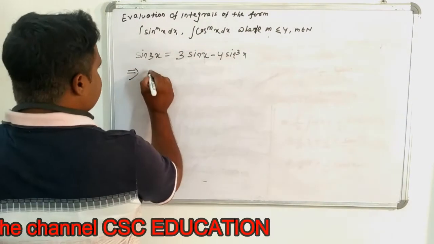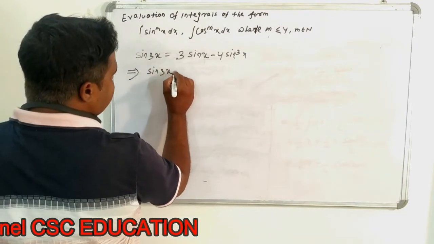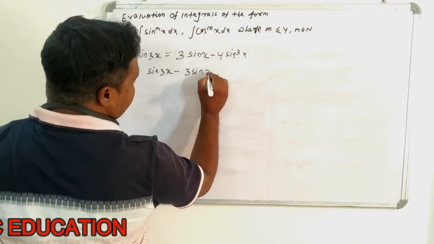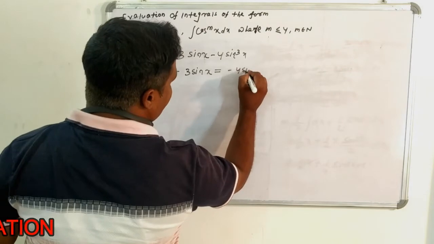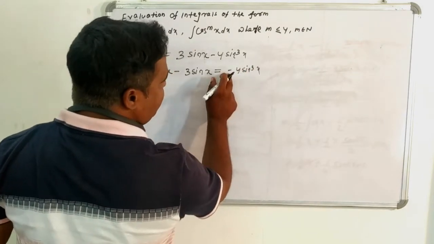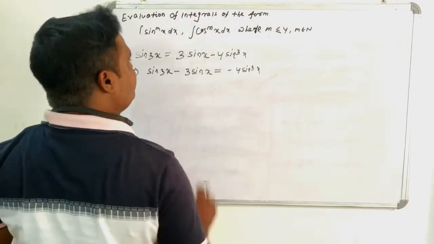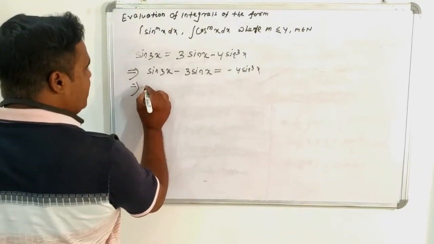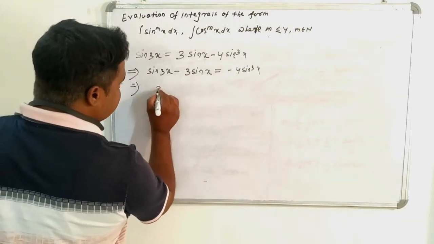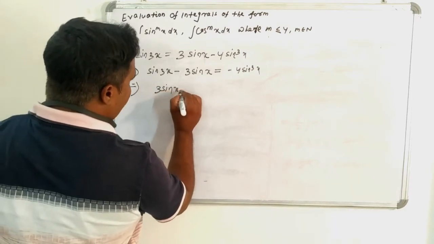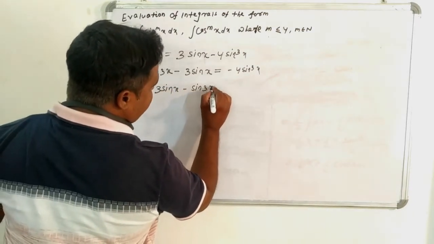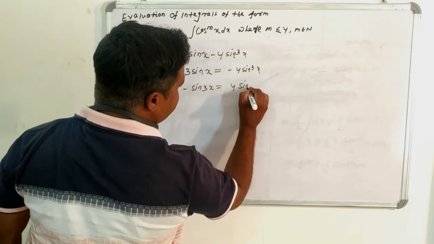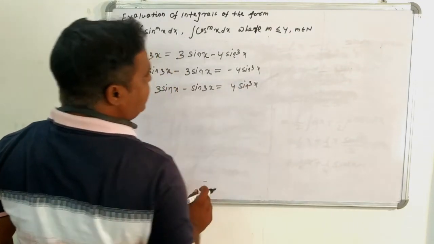First of all, sin 3x minus 3 sin x equals minus 4 sin cube of x. So the minus sign we have to put into the positive factor: minus of minus is plus. The value is now 3 sin x minus sin 3x equals 4 sin cube of x. I am converting to sin cube x.